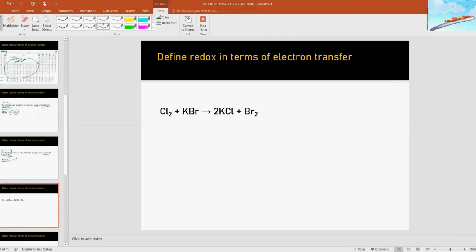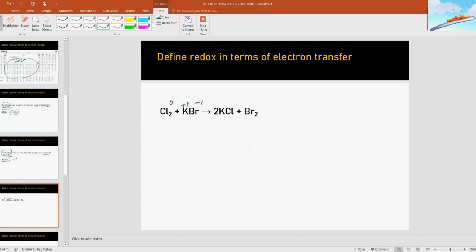Now let's look at this equation and solve this one in terms of loss and gain of electrons. Here Cl2 carries zero charge. In case of KBr, although there is no charge on the whole compound, according to the valency concept, K carries +1 and Br -1. Let me write -1 +1.